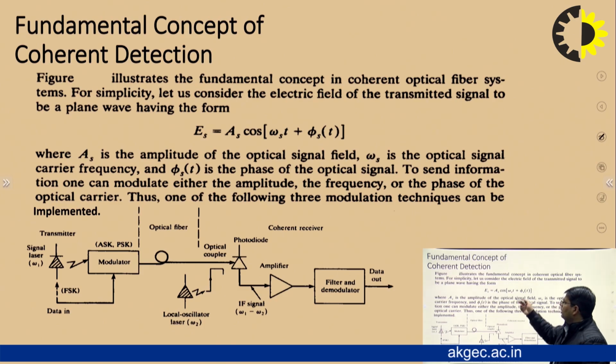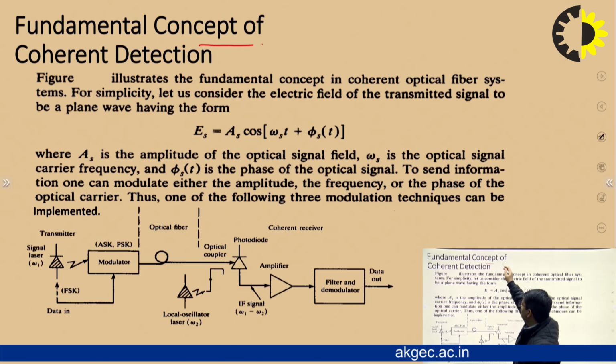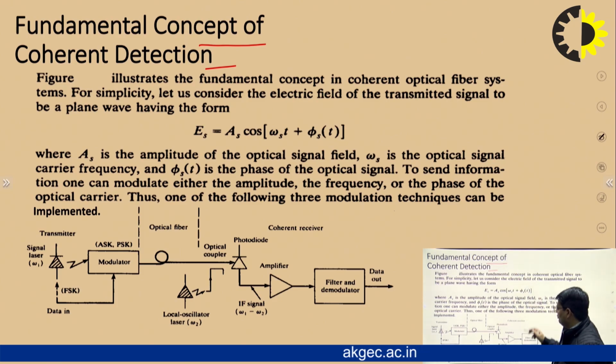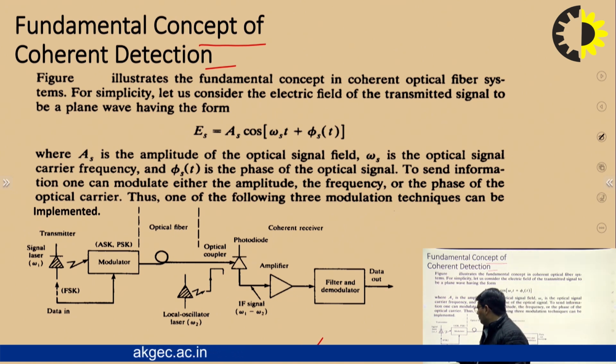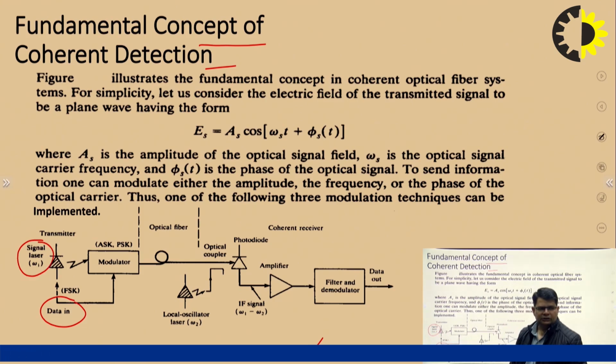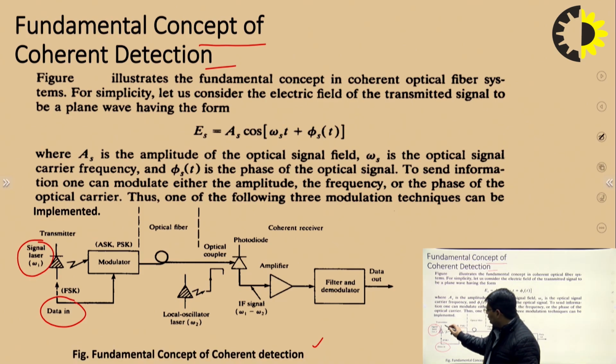So this is the fundamental concept of coherent detection as discussed previously. We will study this coherent detection with the help of a diagram. In the coherent detection, we have data, then we have a carrier signal in the form of light that is generated using some optical source, for example an LED.